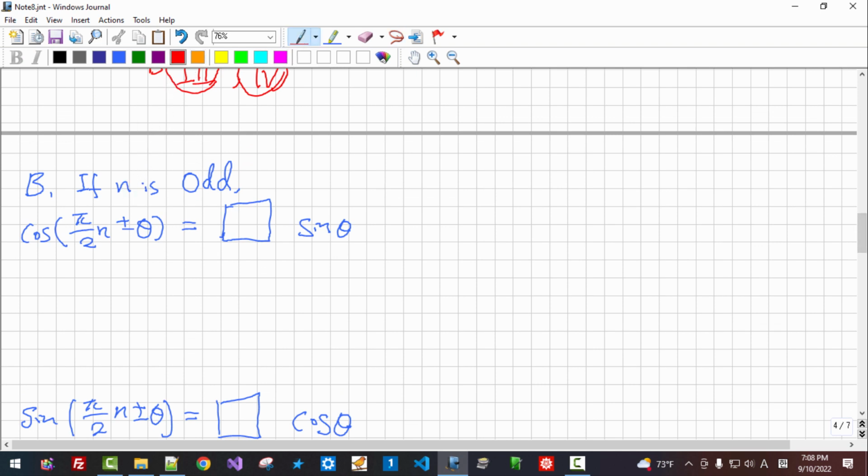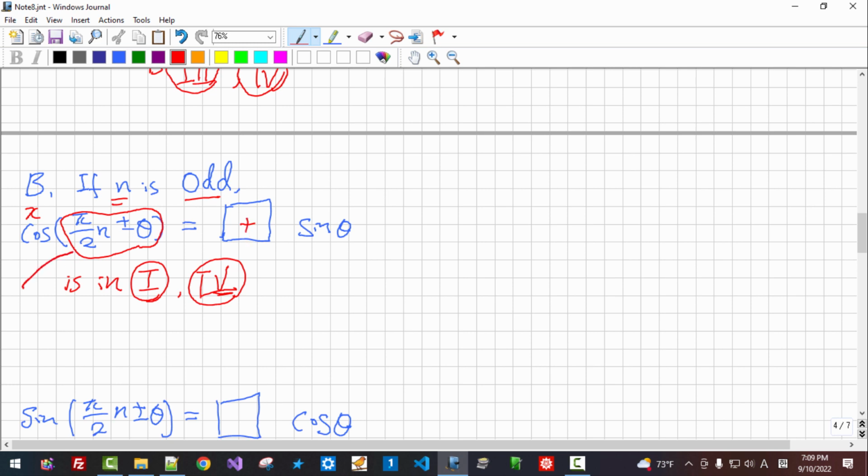Now, n is odd. If this angle is in the first quadrant or fourth quadrant, cosine follows the sine of x, so it is positive.